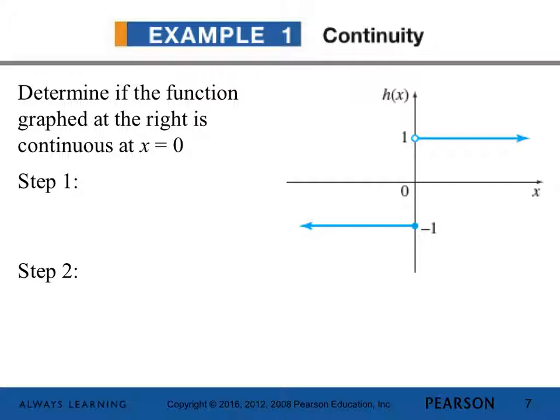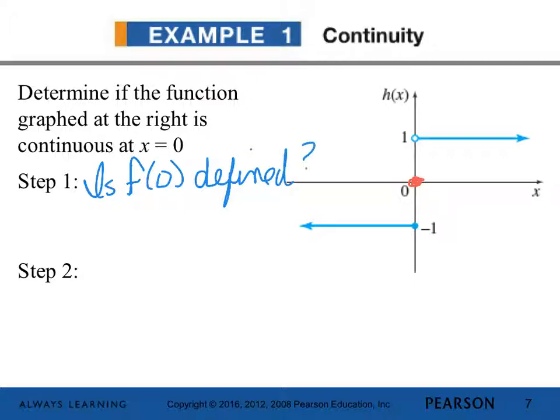So the second problem we have says determine if the function graphed at the right is continuous at x equals 0. So we're looking to see what's happening when x is equal to 0. And again, step 1 says, is f of 0 defined? Does f of 0 exist?